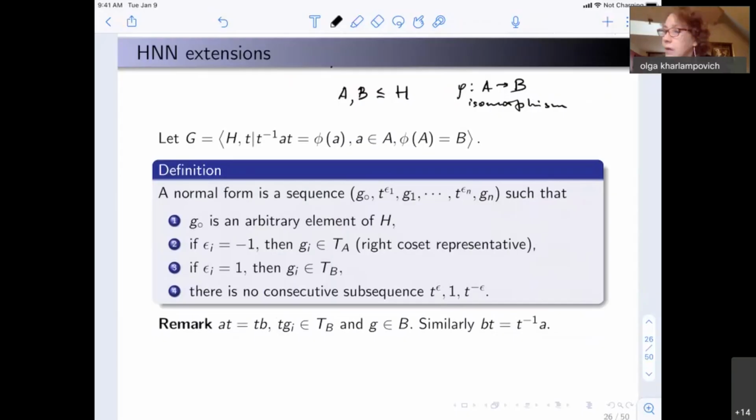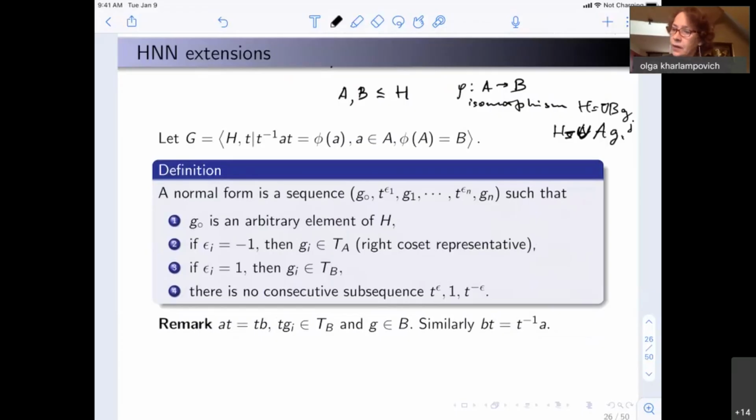We can represent H as a union of right cosets of A, and H is also a union of right cosets of B. So these elements g are right coset representatives, and moreover, if epsilon i is -1, then gi is a right coset representative of A. If it is 1, then gi is a coset representative of B.